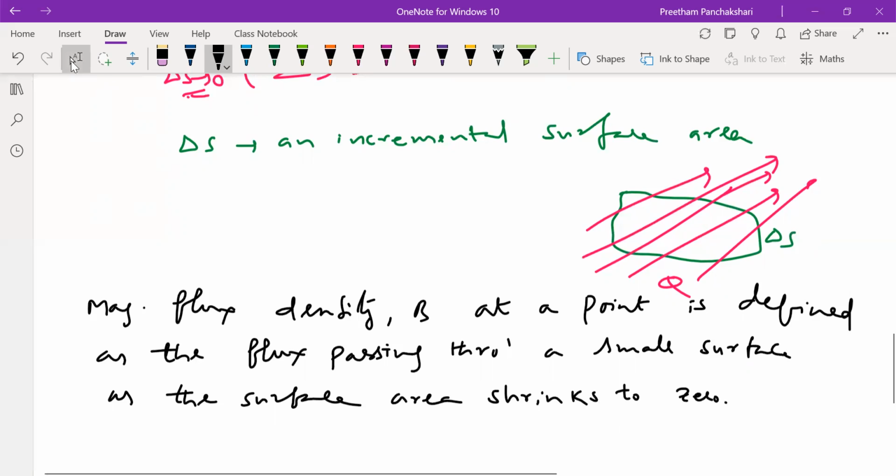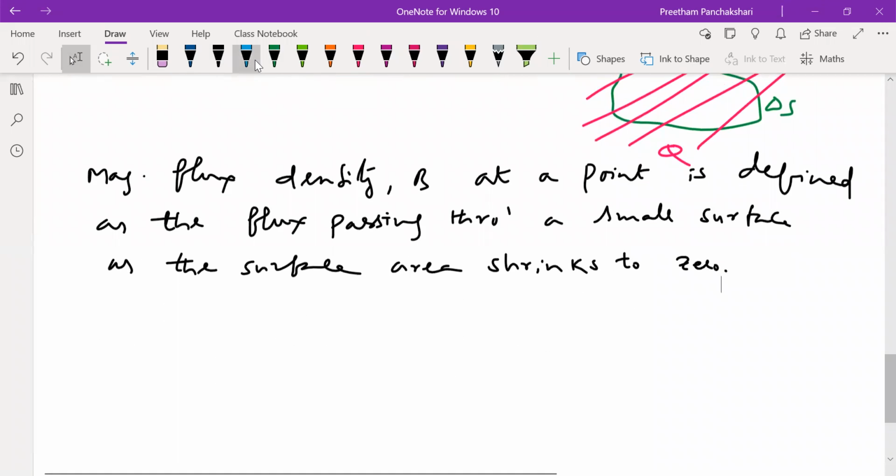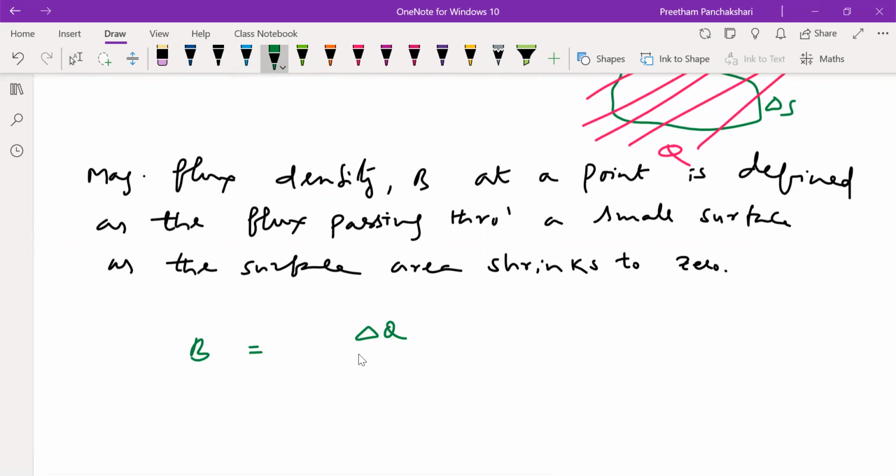So this is a better definition for B. According to this definition, I can write B as, once again, the flux delta phi passing through small area delta S as the surface area shrinks to 0.